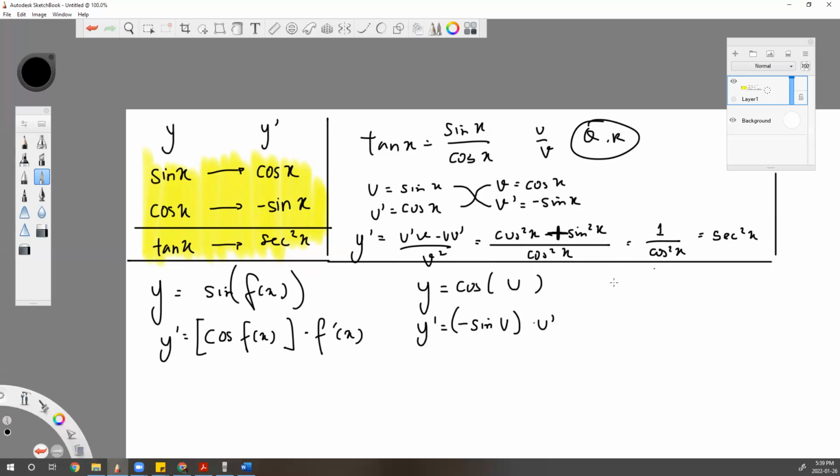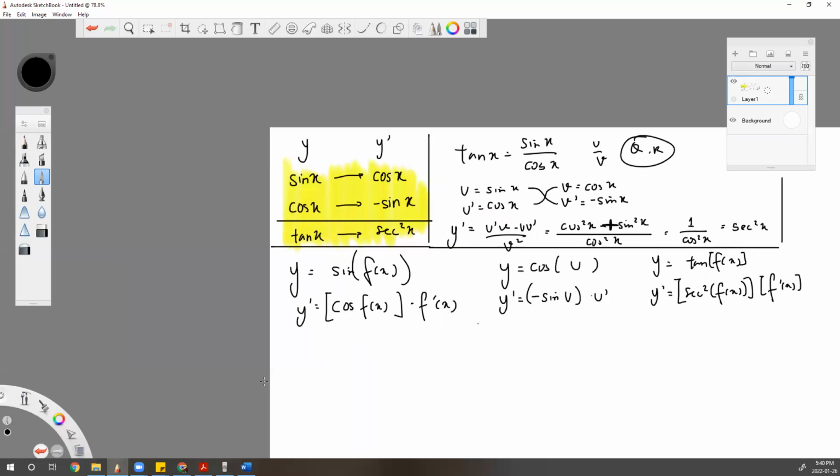Y equals tan u or tan f(x). I go back to the basic part. So y' is equal to secant squared of the function of x multiplied by the inside. Okay. So everything's supposed to be the same.